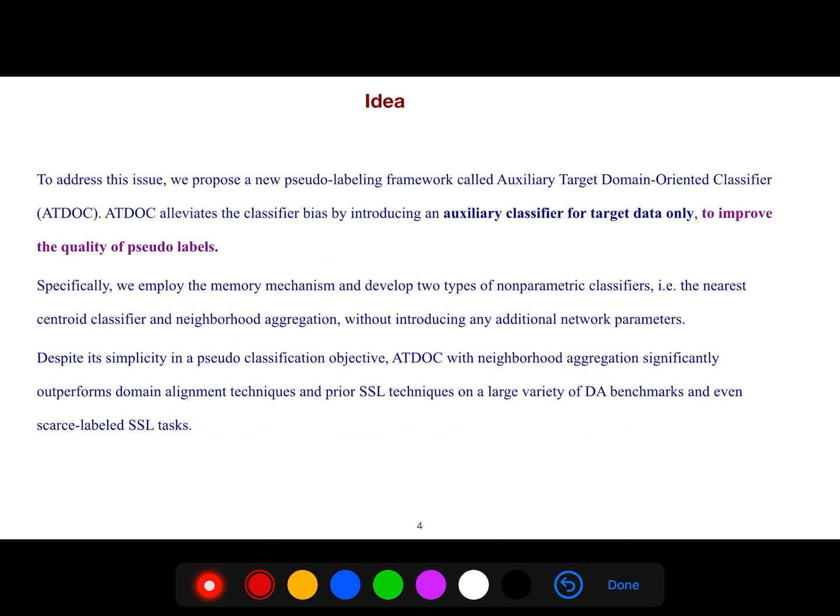To address this issue, we propose a new pseudo-labeling framework called Auxiliary Target Domain-Oriented Classifier, and it alleviates the classifier bias by introducing an auxiliary classifier for target data only to improve the quality of pseudo-labels.